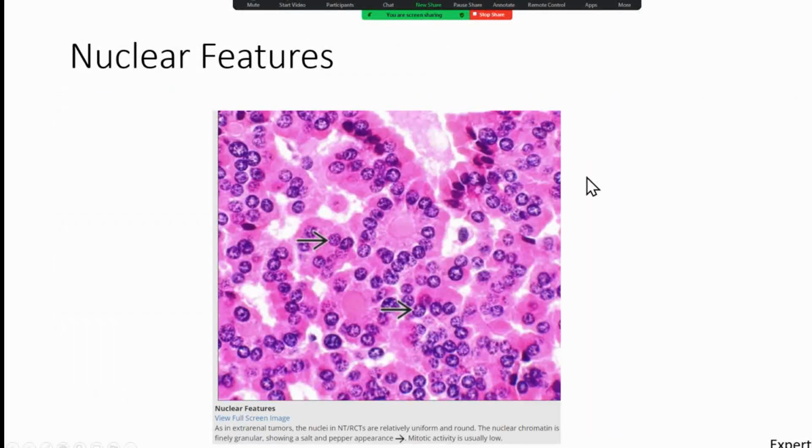So the most important thing for this kind of cell is the high power. We can see here the nucleus feature: salt and pepper. One of the buzzwords other people may use is stippling. This is the chromatin. The salt is the big chunks of chromatin, and the pepper is the smaller stippling chromatin.